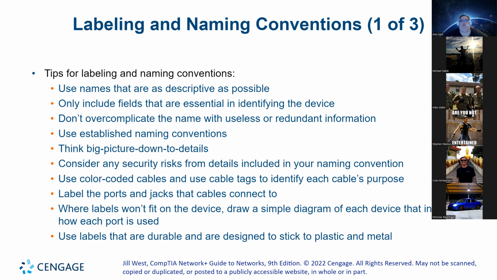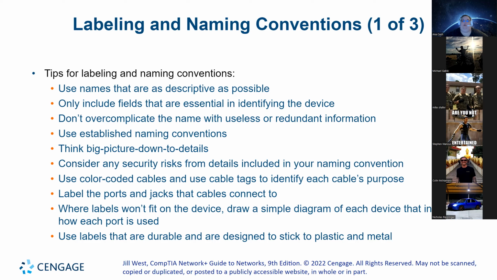Think big picture down to details. Consider any security risks from details included in your naming conventions. Use color-coded cables and use cable tags to identify each cable's purpose. Label the ports and jacks that cables connect to. Where labels won't fit on a device, draw a simple diagram of each device that indicates how each port is used.